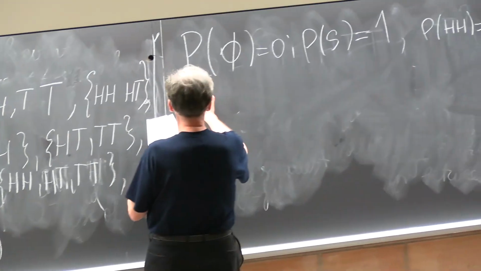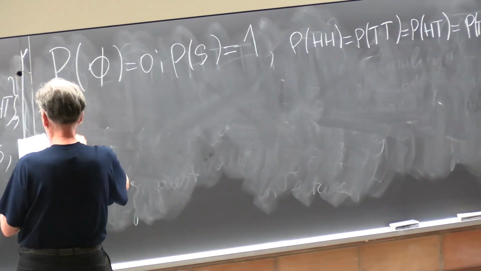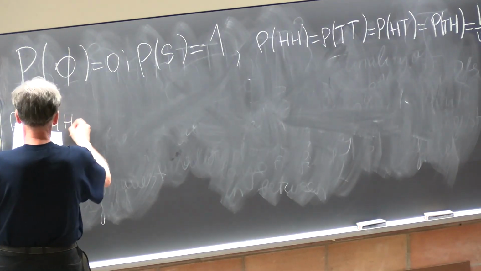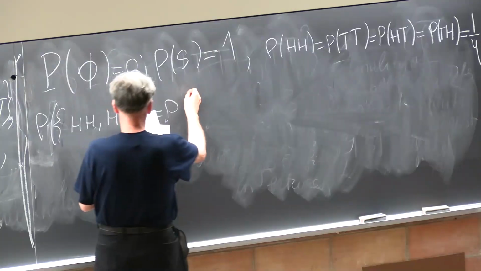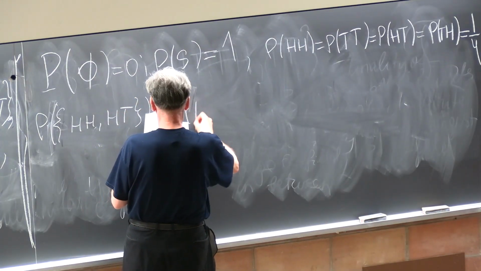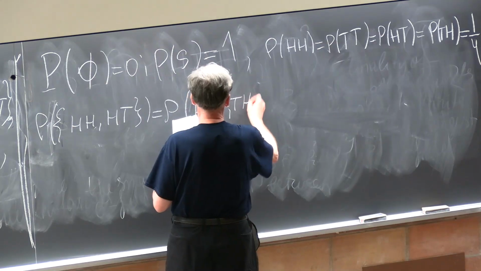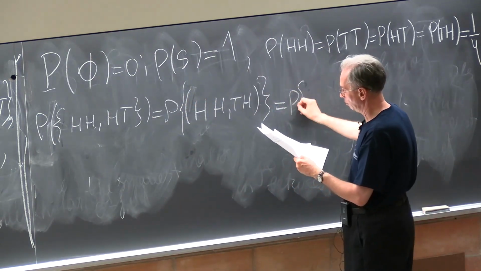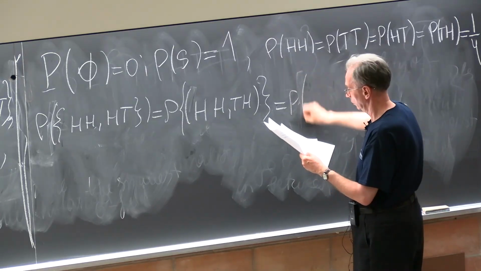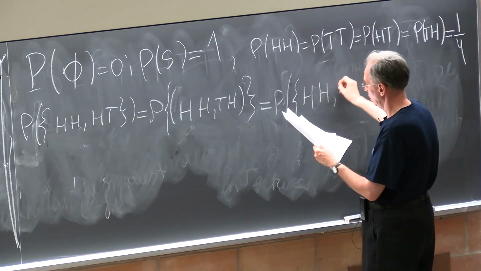So therefore, probability of HH, HT is the same as probability of HH, TH. It's the same as probability of HH, TT.